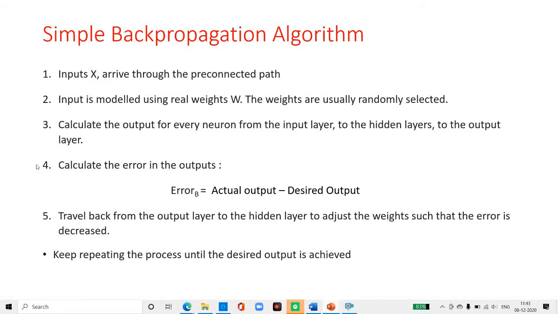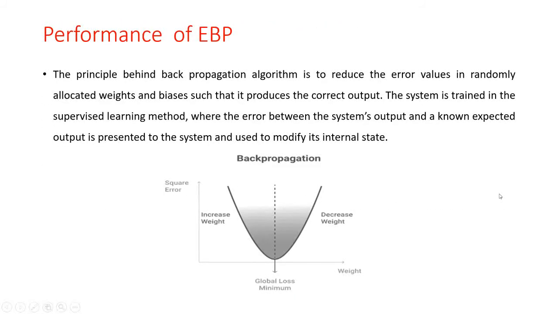Then if we get the error signal, then travel back from the output layer to the hidden layer to adjust the weights such that the error is decreased. Okay, and then keep repeating this process until the desired output is achieved. Clear? So next is the performance issues of EBP, error back propagation.